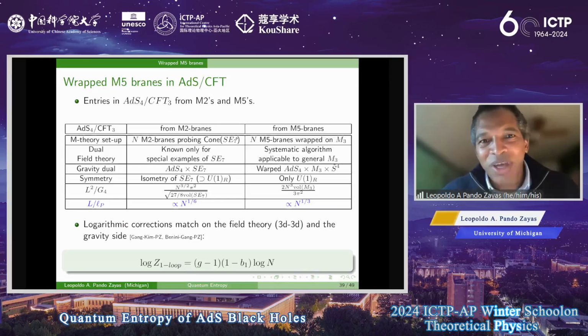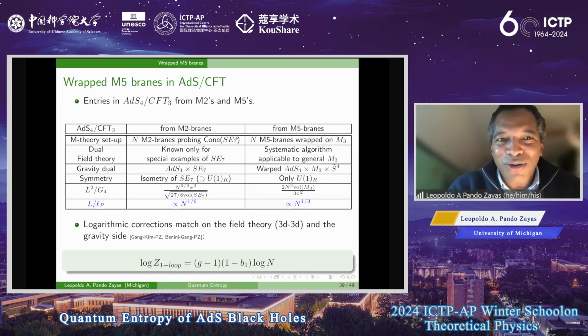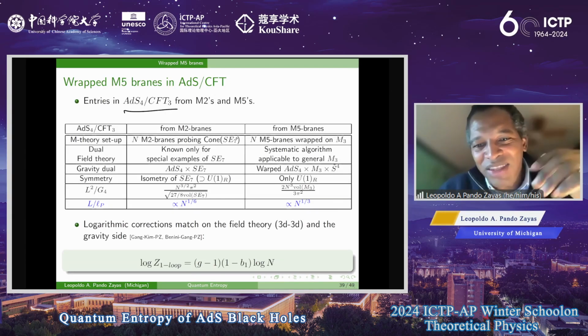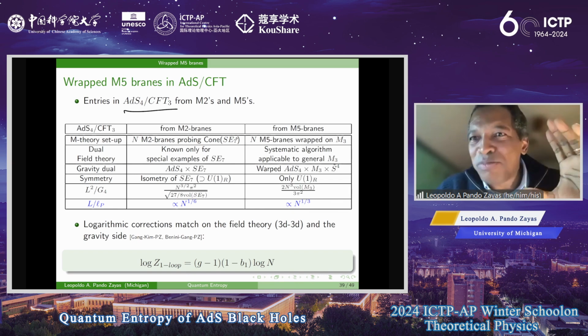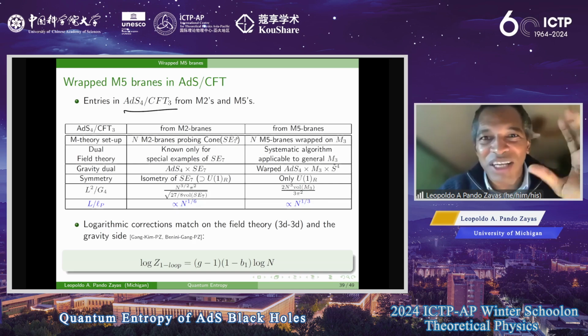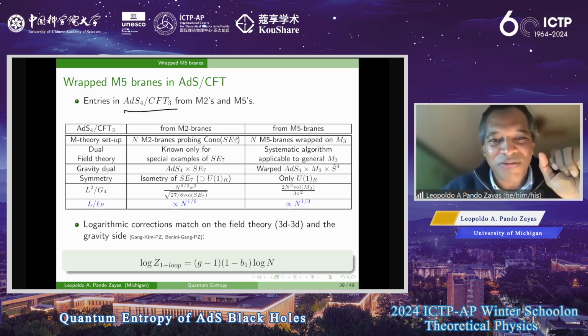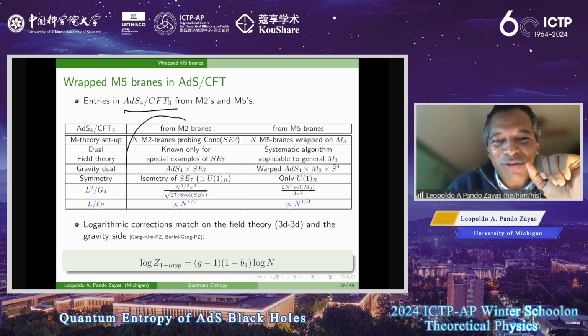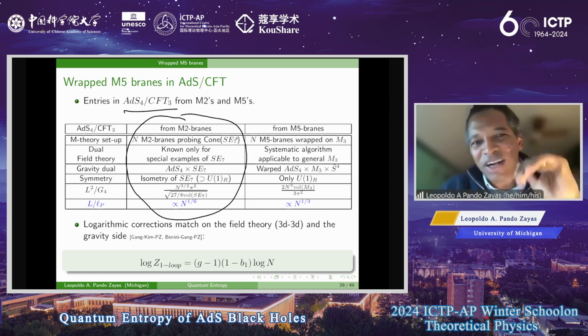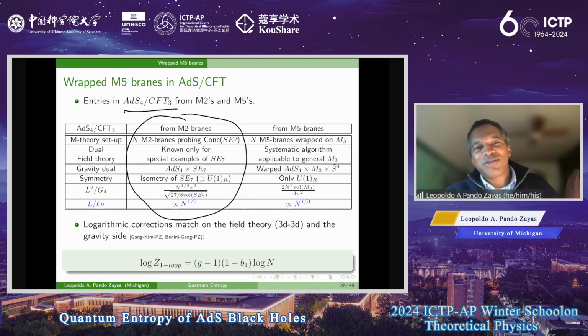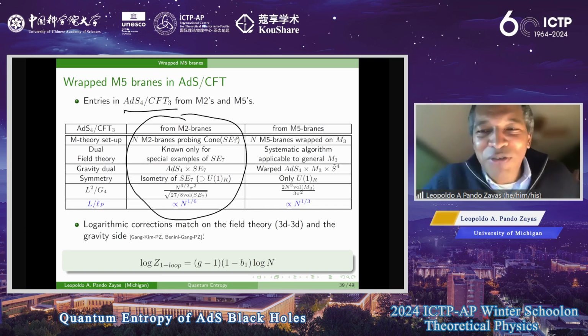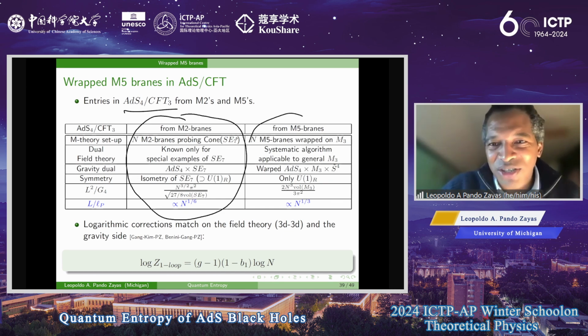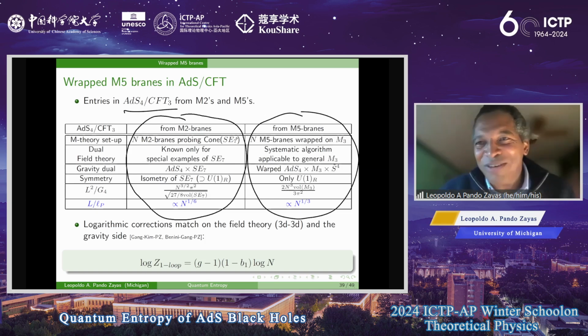There are other kinds of AdS4 black holes in the context of AdS-CFT. They come now not from M2-branes, so this is a little bit more technical, but there are two kinds of AdS4 black hole, AdS4/CFT3. What I have told you so far comes from describing black holes as coming from M2-branes, but there are constructions that come from other kinds of branes, M5-branes.